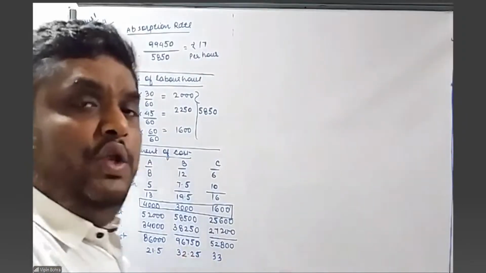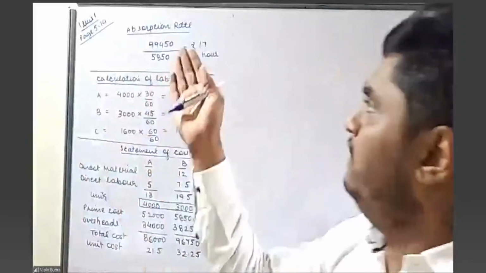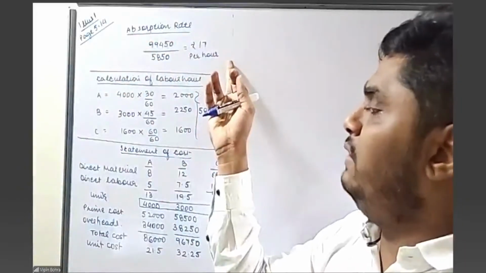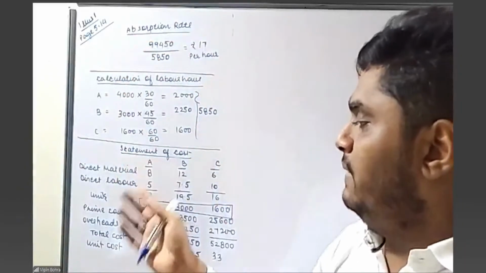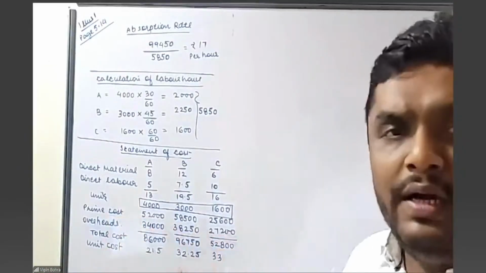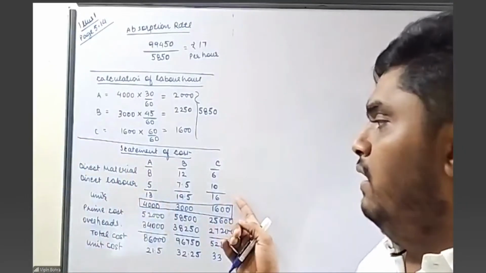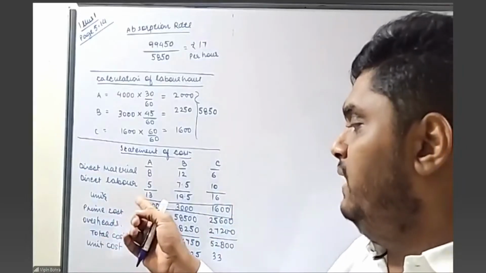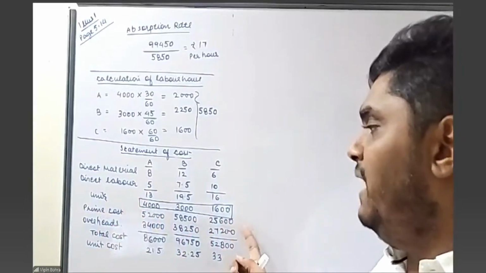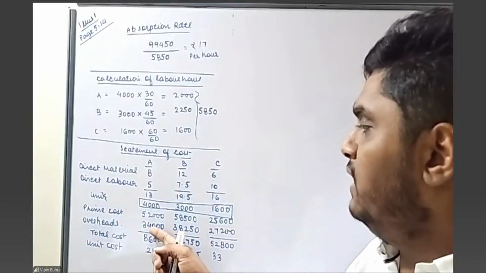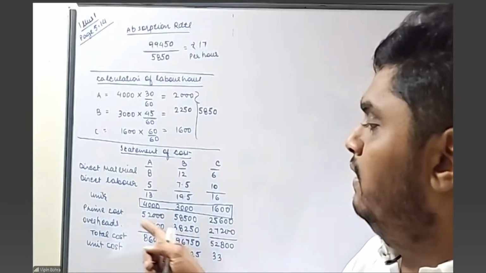So this is what you have learnt in overhead, wherein the total overheads divided by the basis of absorption is used to calculate the absorption rate, and that absorption rate is applied to the product to calculate the total cost. So material, labor, the total prime cost per unit, if we multiply it by units, we will get the total prime cost. In this, we will add the overheads. How come this 34,000 is calculated? Very simple.